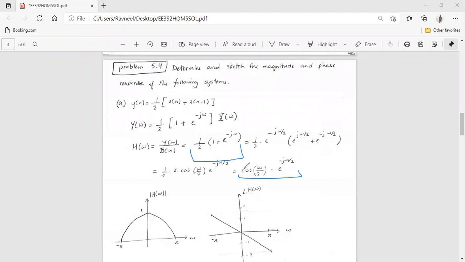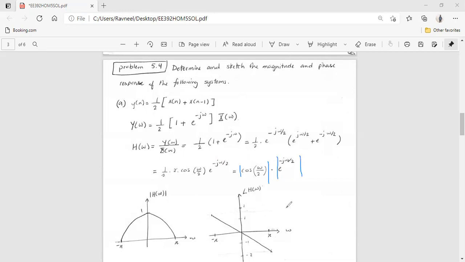Now, to determine the magnitude response, we basically need to find the magnitude of this multiplied by the magnitude of this. Remember, when we are using the polar form of a complex number, it is best to use polar when we are multiplying or dividing.